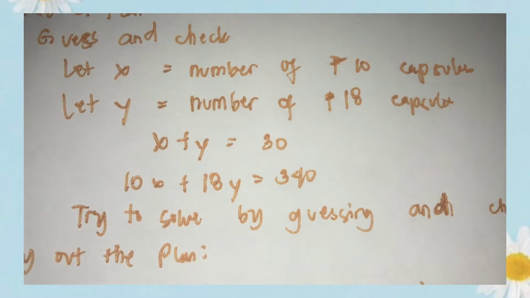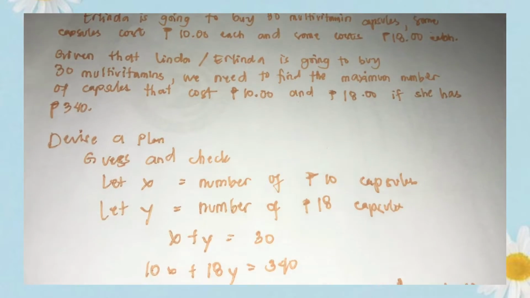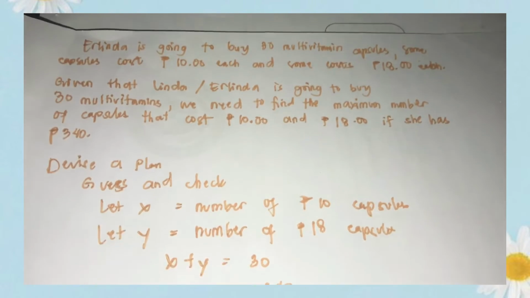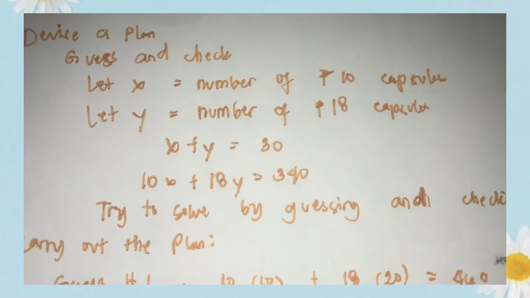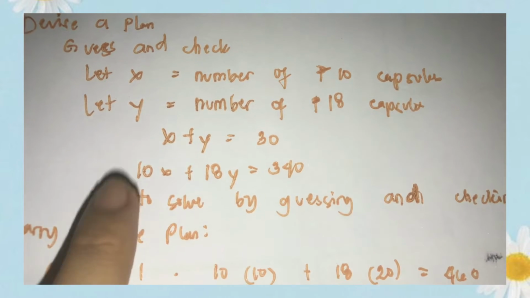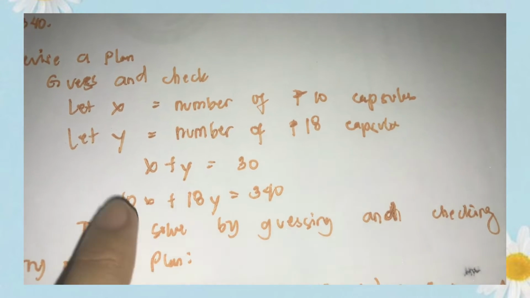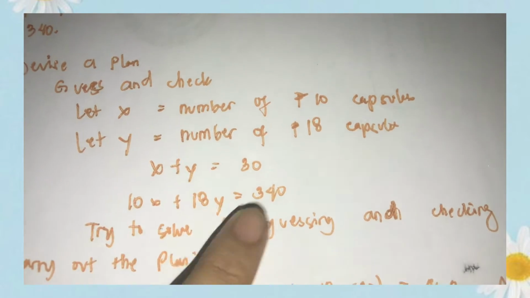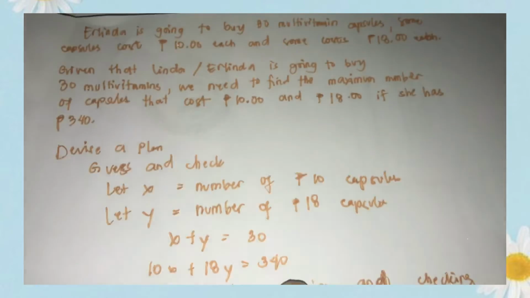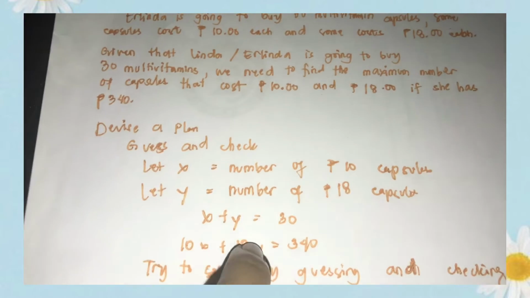Now, X plus Y is 30, the 30 multivitamin capsules. And then 10X plus 18Y, we're just going to add the value of X times 10 and the value of Y times 18, equals 340. 340 is the amount that Erlinda has.